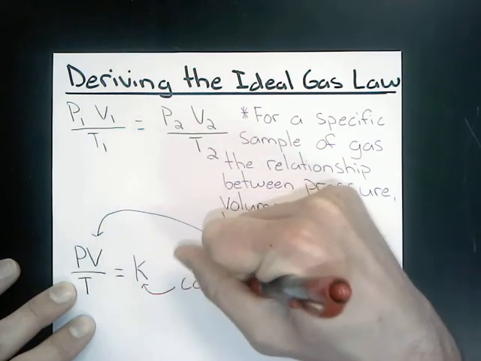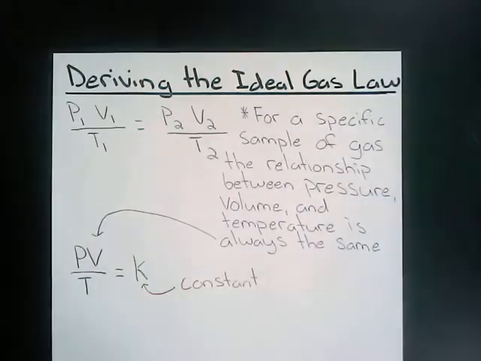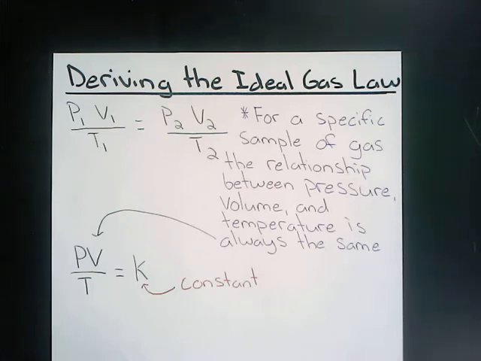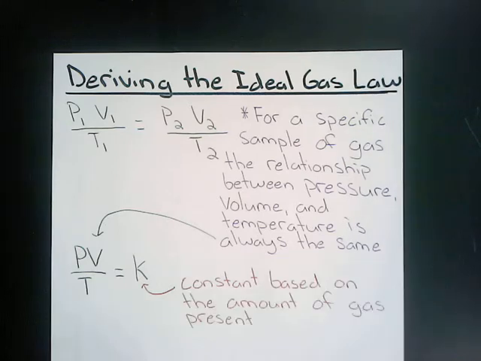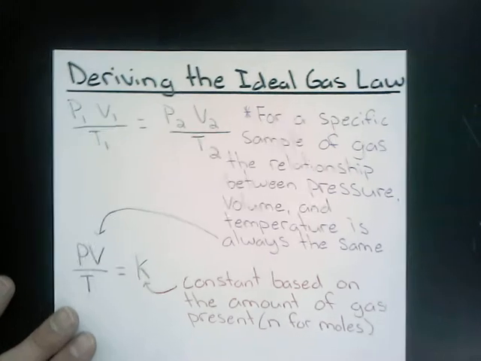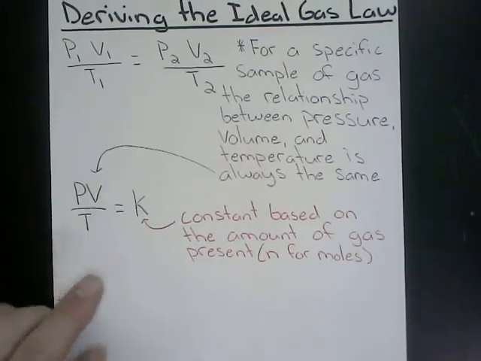Now, this K is a constant based on the amount of gas present. And we call that amount of gas present n, for moles. And so we can go one step further with this.